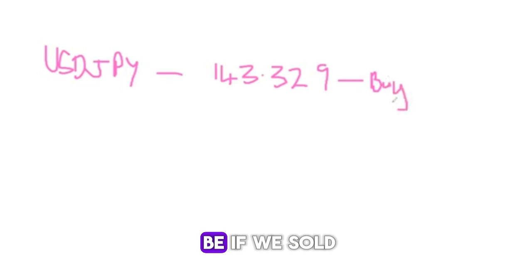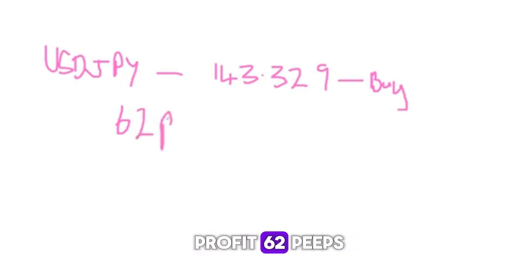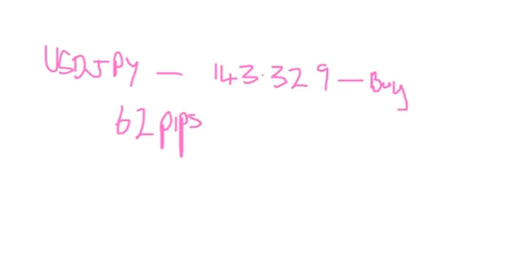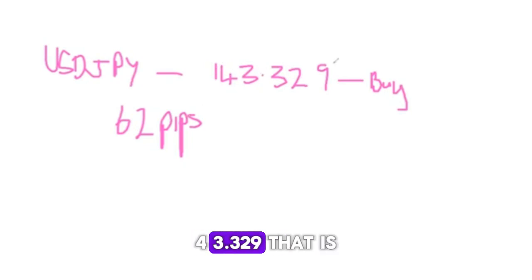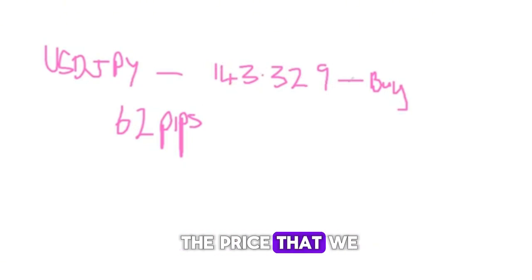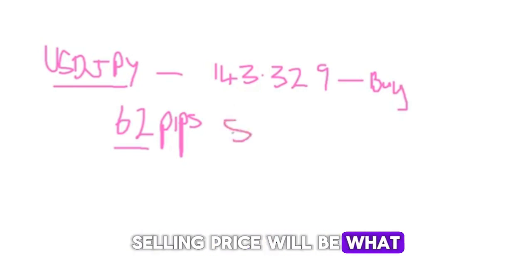What will the price be if we sold and made the same 62 pips profit? 62 pips. Remember, look at 143.329. That is the price that we bought. USD JPY, we made 62 pips. So what will be the selling price?